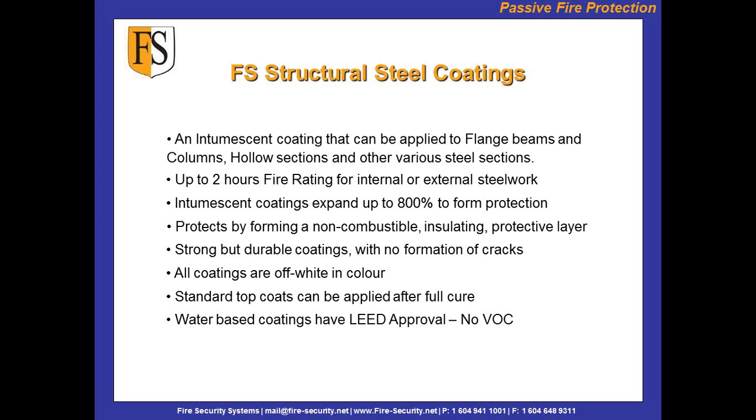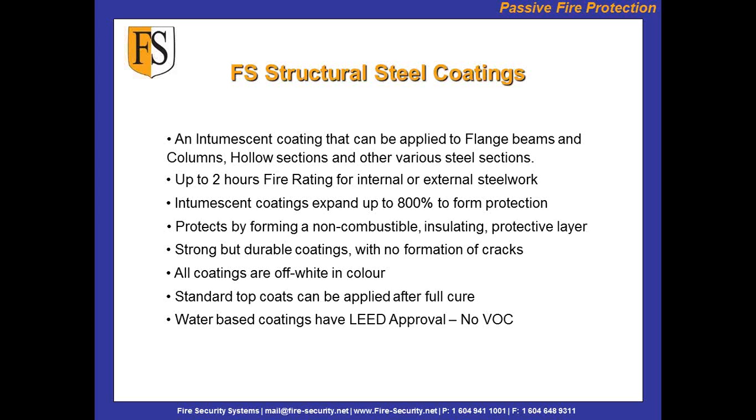Intumescent coatings expand up to about 800% to form a protection layer. So not unlike our FS11 cable coating, which is intumescent as well, they protect through insulation. Under fire they expand out and then char off over a period of time, protecting the substrate, whatever the substrate would be.